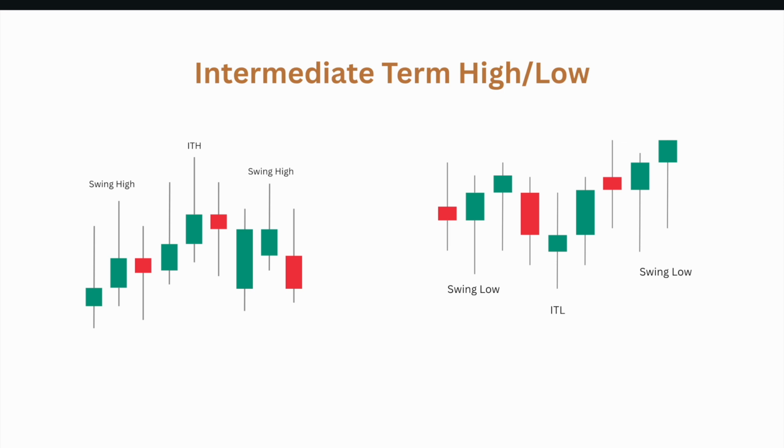So the journey of price happens between the PD arrays. All these PD arrays that we learned in today's video are the basis of our trading patterns or trading strategies that we will develop in coming videos.